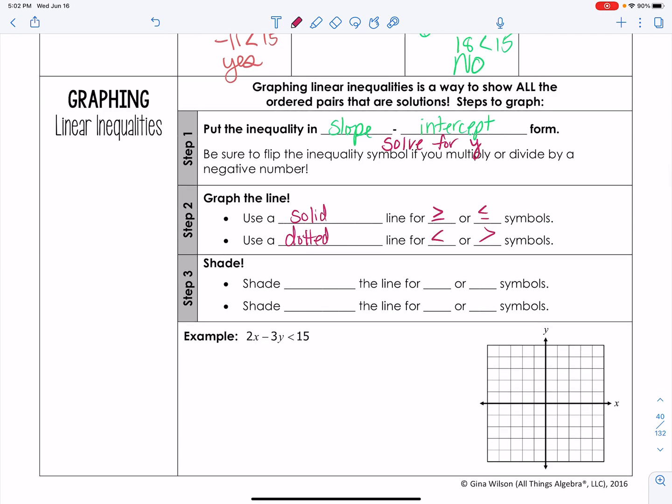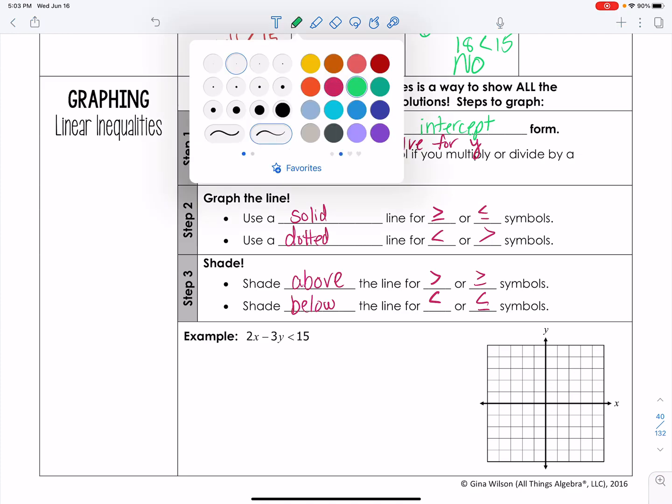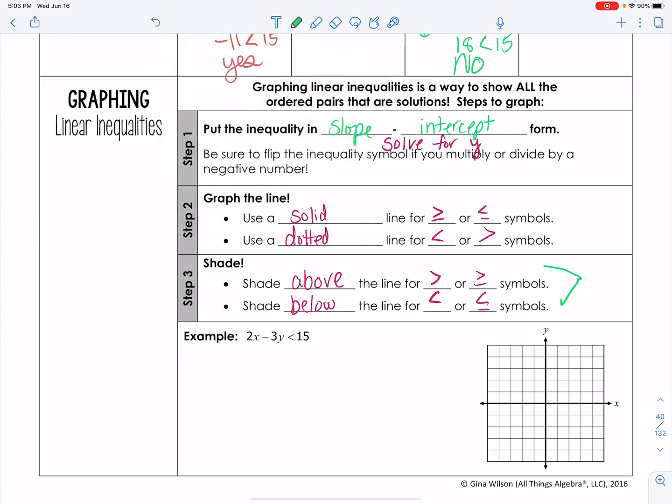And you're gonna shade above if it's greater than or equal to, and you're gonna shade below if it's less than or equal to. But I kind of hate this one because this stuff has to be after you solve.